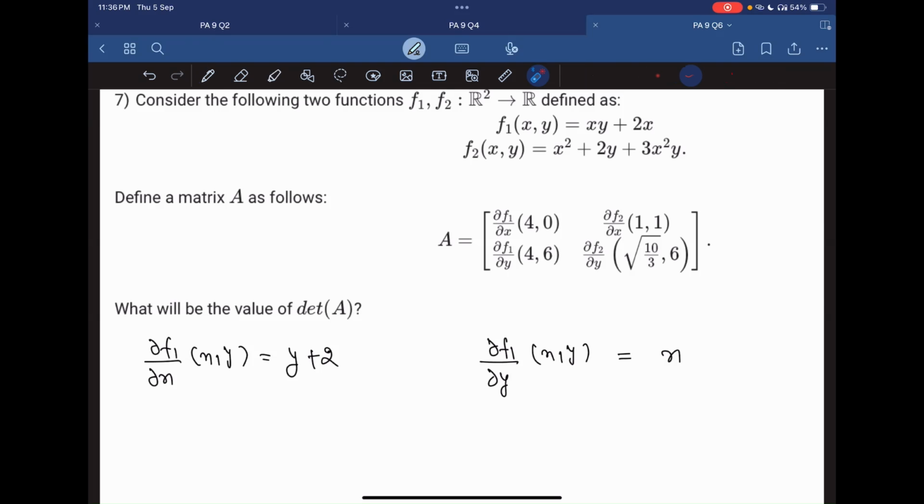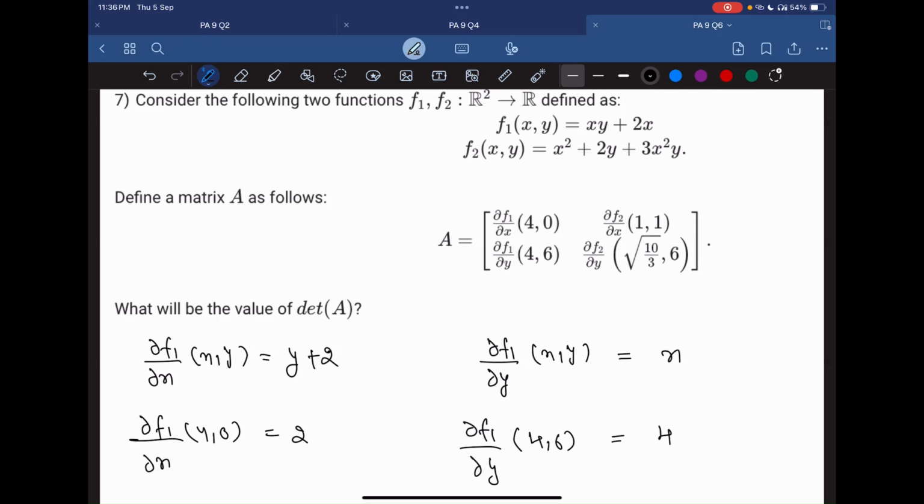Now here we need to calculate at the point 4 comma 0, so this would be just 2, and here we need to calculate it at 4 comma 6, so it would be just 4.